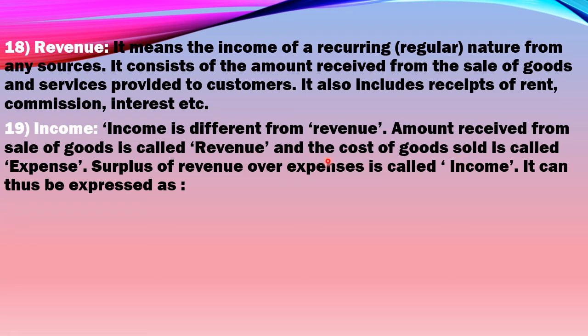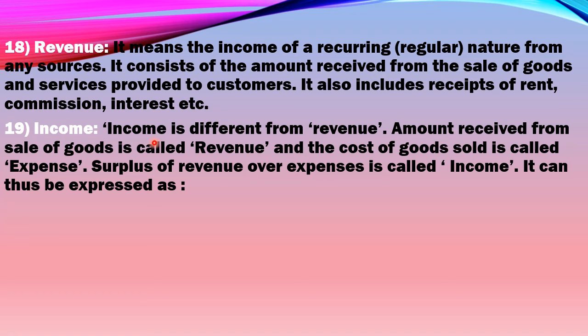So here, income cannot be called as revenue. The revenue is total amount that you have received. Like for example, your expense was 10,000 rupees and your revenue, the amount that you received is how much? 15,000 rupees. So here the surplus of revenue, that means your 5,000 rupees is your income.